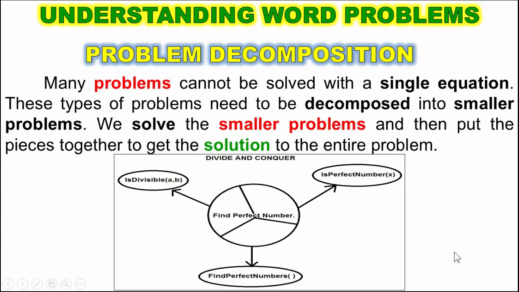We divide the problem into three smaller problems represented by functions, namely is divisible, is perfect number, and find perfect numbers. When the algorithms of the three functions are correct, then we join them in order to solve the problem, find perfect number.